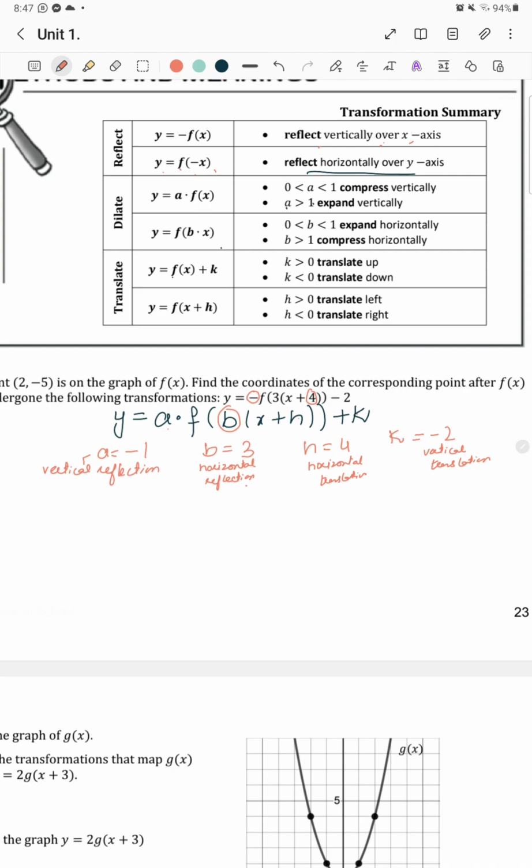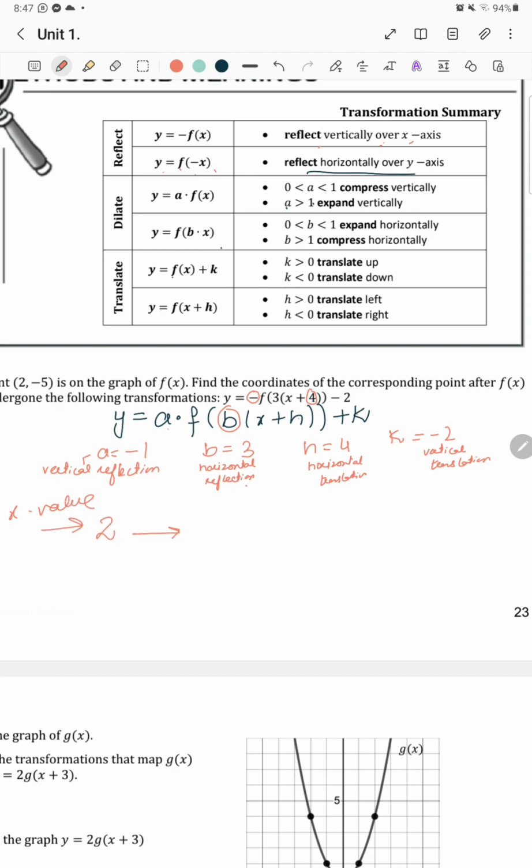So coming back to our question, what we need to do is reflect with -1. So what was the x value? X value is negative 2 as given.